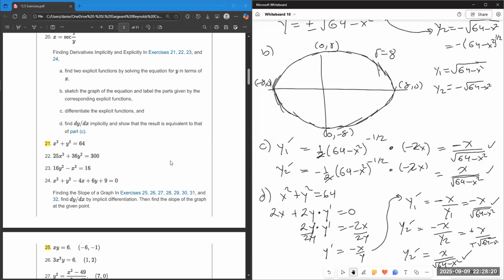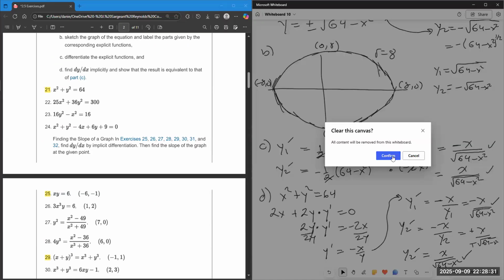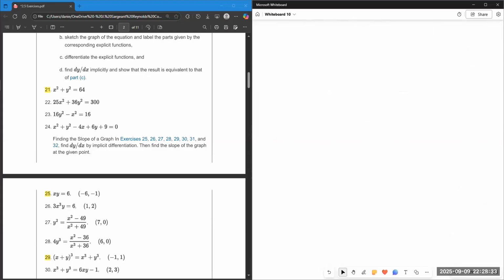All right, that was 21. Let's go on now to number 25. We have xy is equal to 6, and we're given the point -6, -1. We want to differentiate implicitly and then find the slope of the graph at the given point.